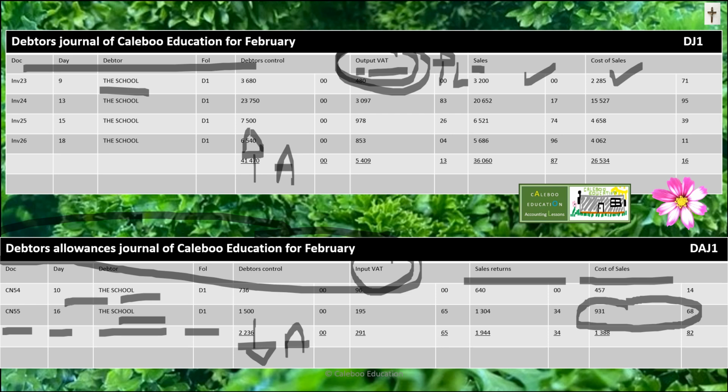If the stock was damaged, it will not appear under cost of sales, because remember, that amount goes to cost of sales and the trading inventory account. If the stock doesn't come back, we cannot go and debit the trading inventory account, because we didn't get the stock back if it was damaged. So let's move on.